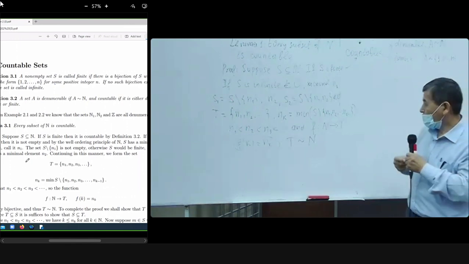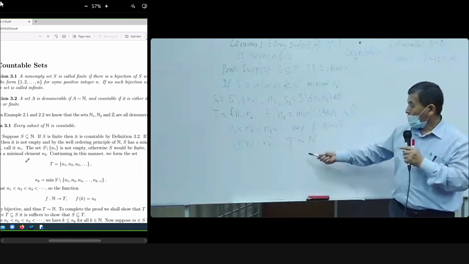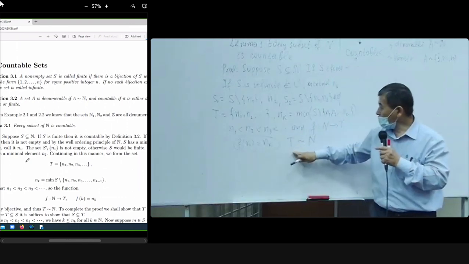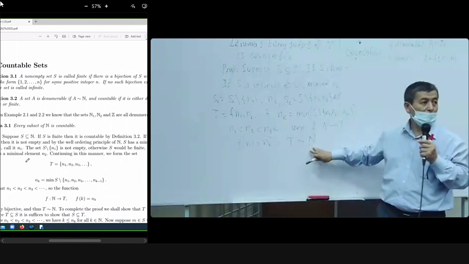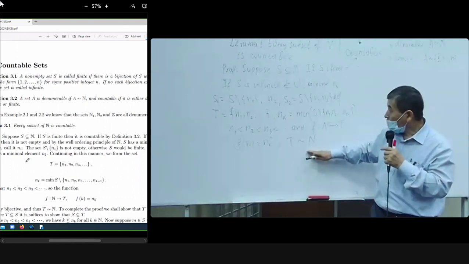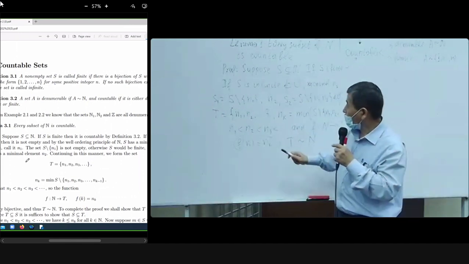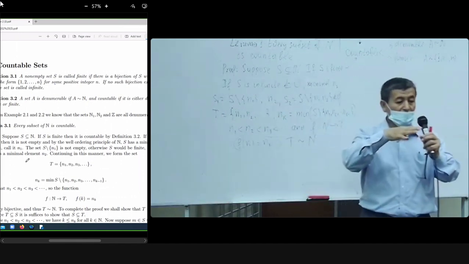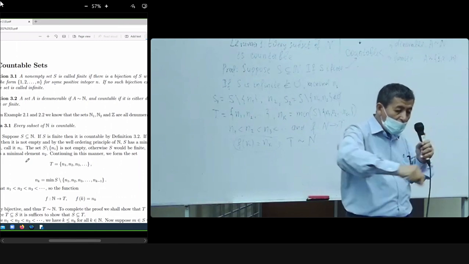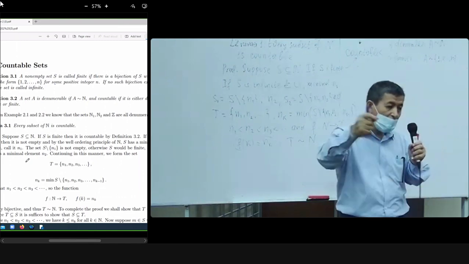Okay. Actually, after this, if we show that this is bijective, then T is equivalent to N. What is T actually? We are constructing T in such a way that we take the minimum element from the first set, the second set, and so on.